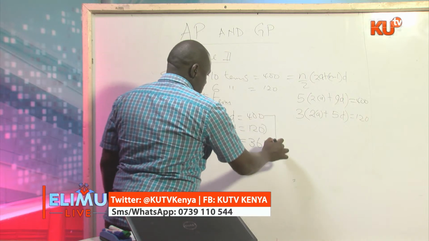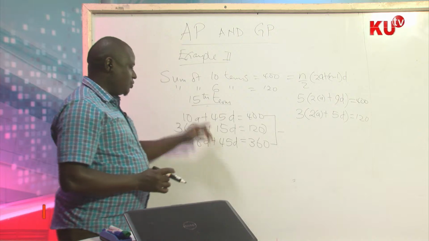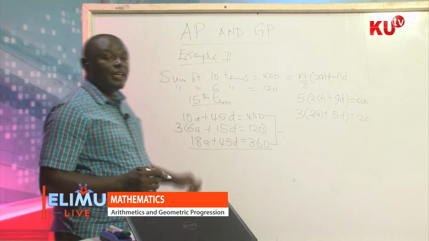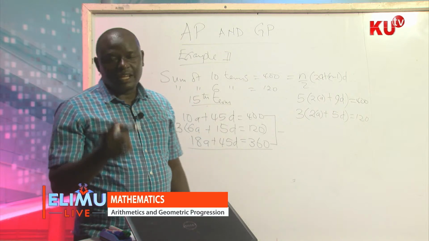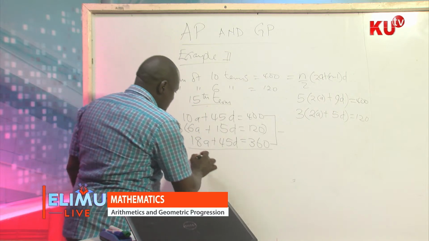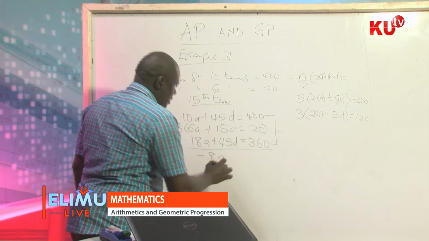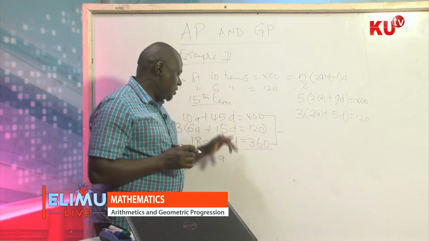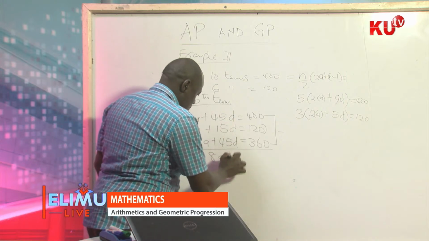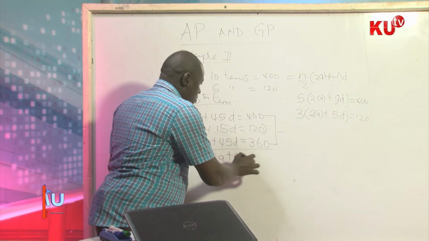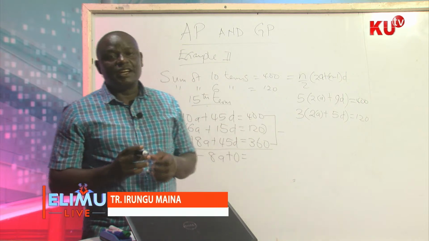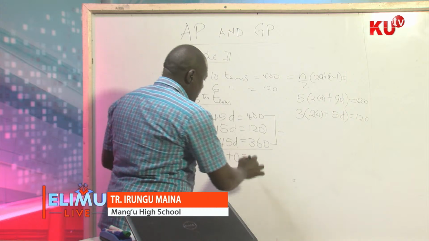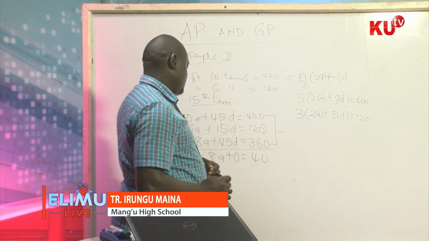Then we subtract the first equation minus the second equation. 10A minus 18A gives me negative 8A. 45D minus 45D disappears, so it is plus 0 equals 400 minus 360. 400 minus 360, you are getting a 40.